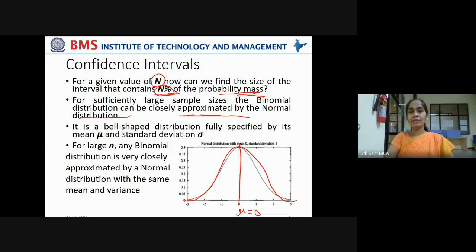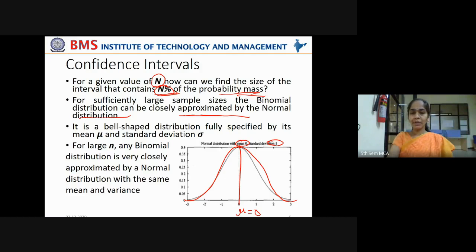Whenever you take a sample to follow a normal distribution, then its mean will be equal to 0 and its standard deviation will be equal to 1. Remember this statement. So the normal distribution here we have taken with mean 0 and standard deviation 1.